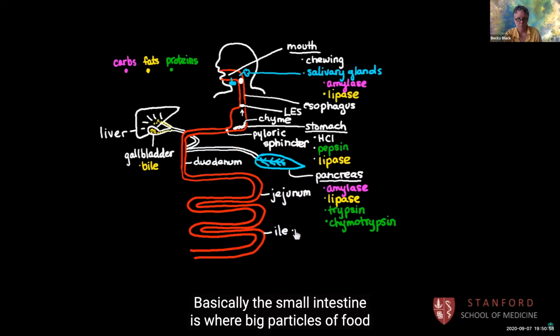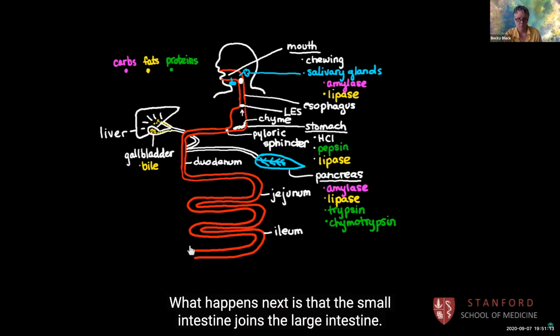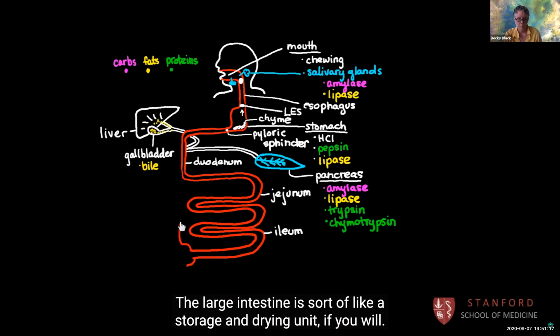And basically, the small intestine is where big particles of food are broken down into their absorbable units and absorbed in this tube, the small intestine. What happens next is that the small intestine joins the large intestine. And the large intestine is sort of like a storage and drying unit, if you will.